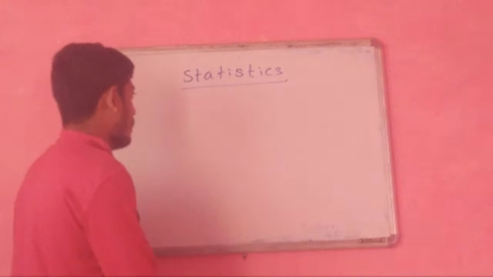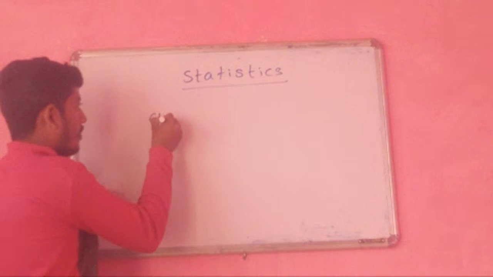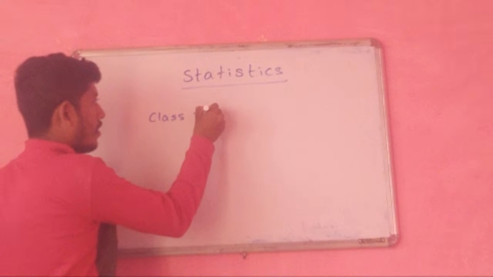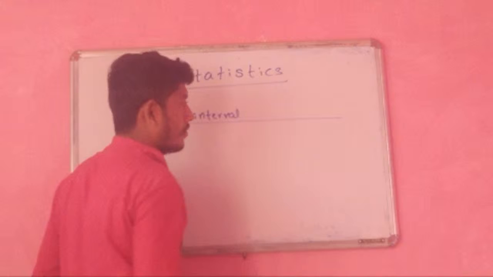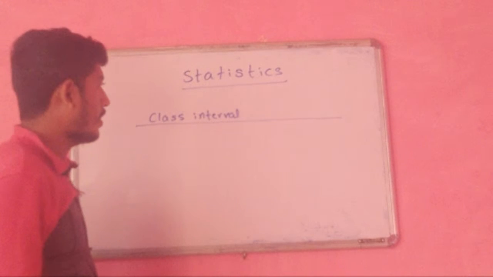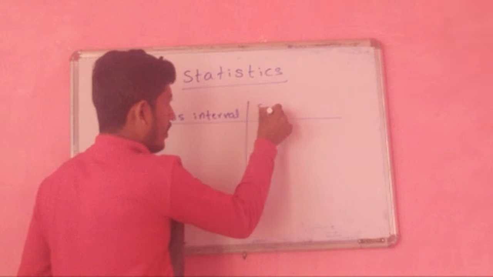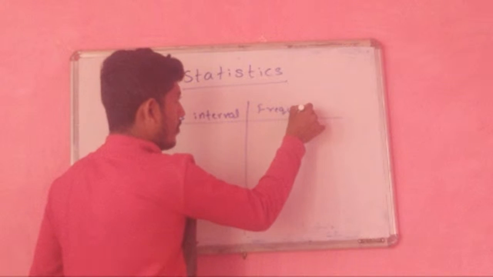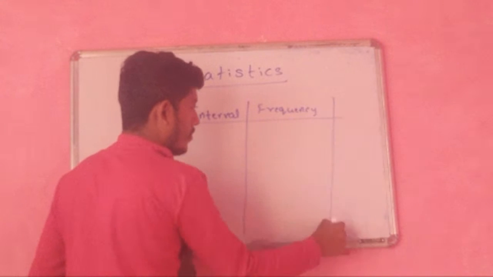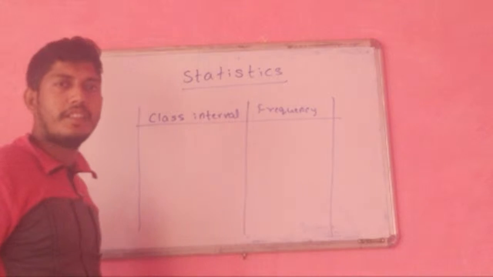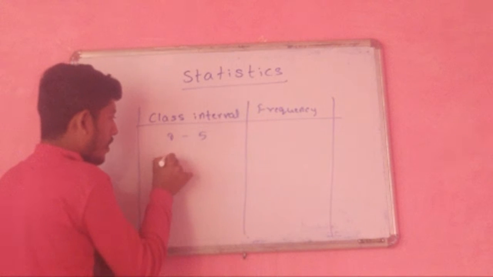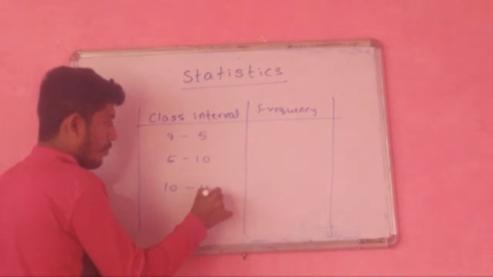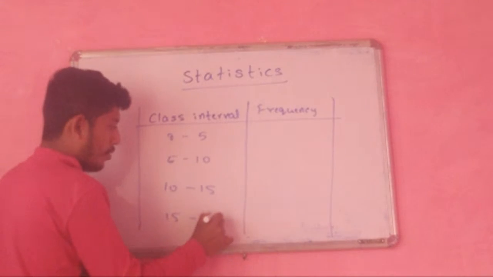First, I will consider one class interval. Then here I will consider frequency. So I will consider the class interval as 0 to 5, 5 to 10, 10 to 15, 15 to 20.